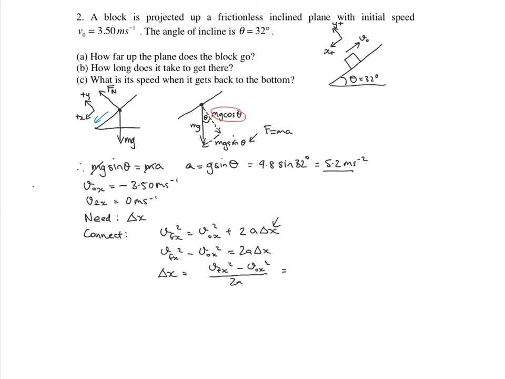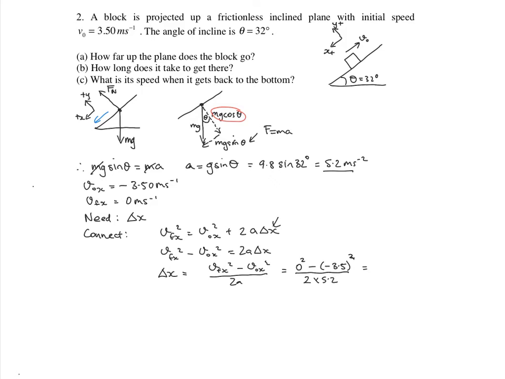We've got all those values, we can put them in. Be careful of our signs here. We're going to have 0 minus negative 3.5, so that's going to be a positive, all over 2 times 5.2. This is the squared sign here, don't forget the squared, and 0 squared is 0.